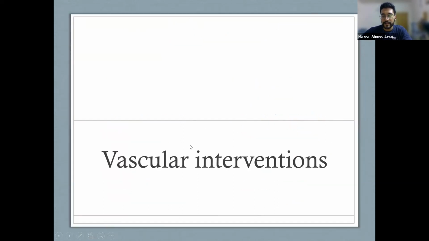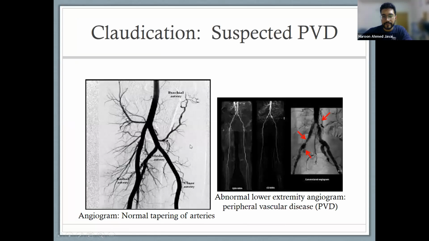Cool, so vascular interventions are the first thing they start talking about. The first thing they're talking about is claudication, suspected PVD. PVD stands for peripheral vascular disease. Claudication basically means atherosclerosis, right? So there's plaque building up on the walls of the arteries and it's making it difficult for the blood to flow.